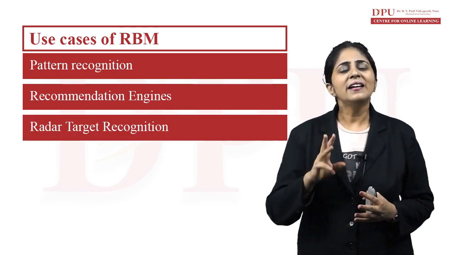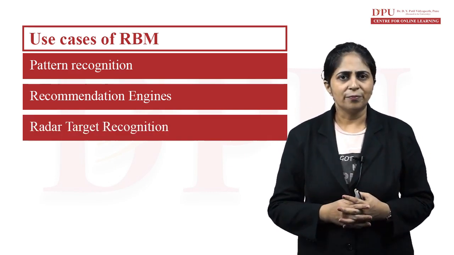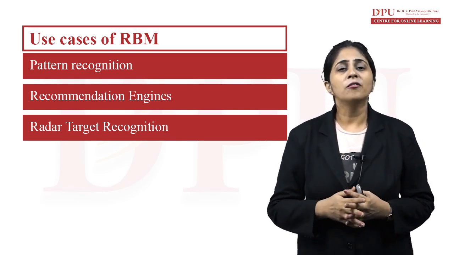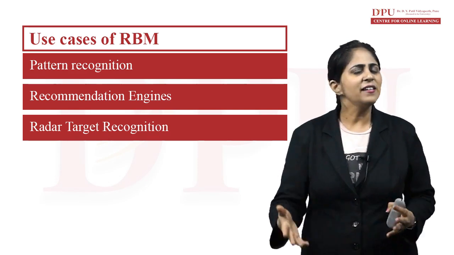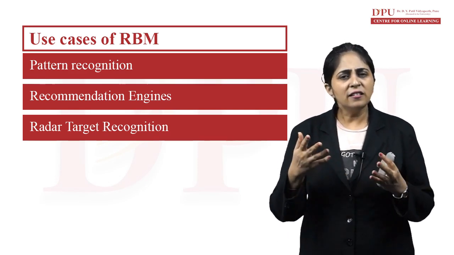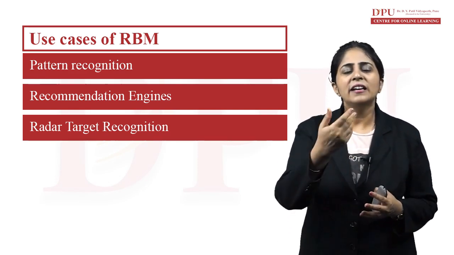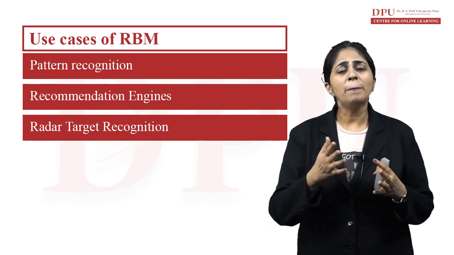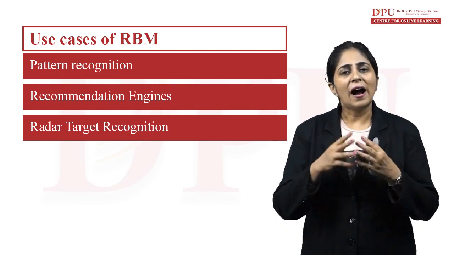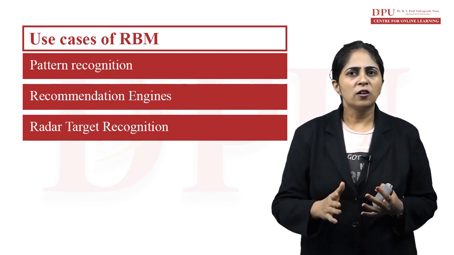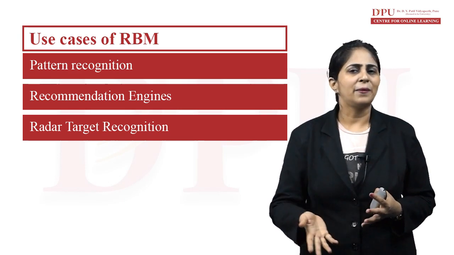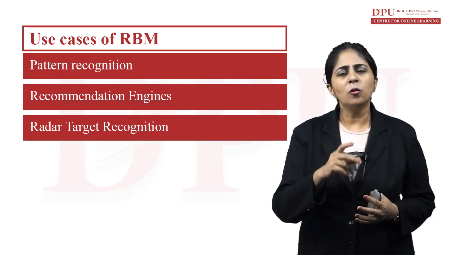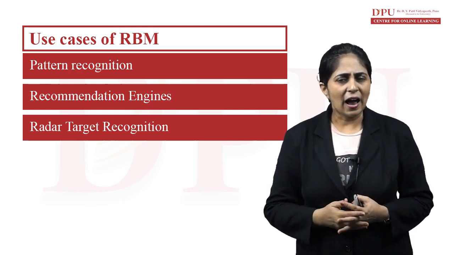Third, radar target recognition. Intra-pulse feature extraction of the radar is of high significance, as it suffers from challenges like data representation capability and robustness to cope with noise. So RBM is used to detect the intra-pulse in radar systems, which have a very low SNR and high noise.